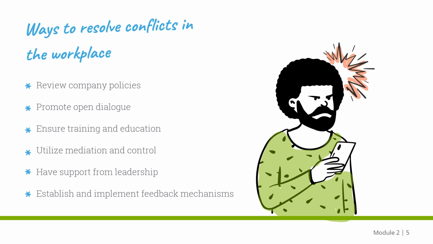Second, promote open dialogue by encouraging employees to openly communicate their concerns and ideas, fostering a culture of transparency within the team. Third, invest in ongoing training and education, providing staff with the knowledge they need on policies and industry trends and supporting their skill development and career growth.